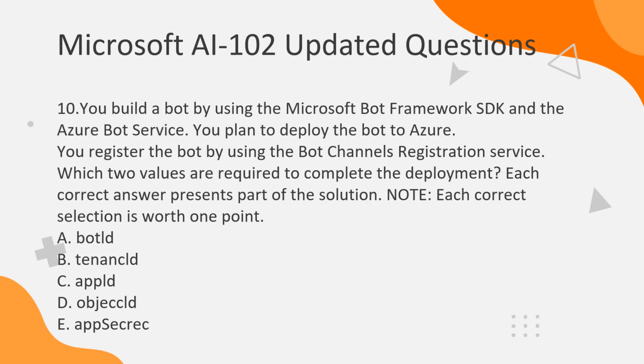10. You build a bot by using the Microsoft Bot Framework SDK and the Azure Bot Service. You plan to deploy the bot to Azure. You register the bot by using the Bot Channels Registration service. Which two values are required to complete the deployment? Each correct answer presents part of the solution.